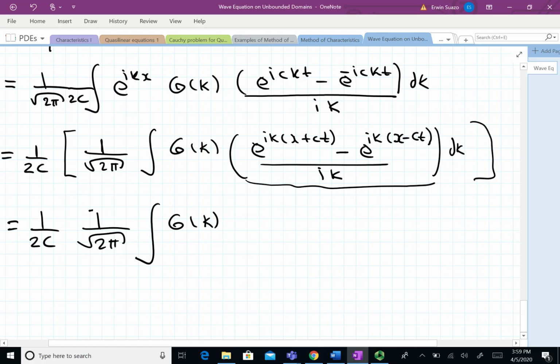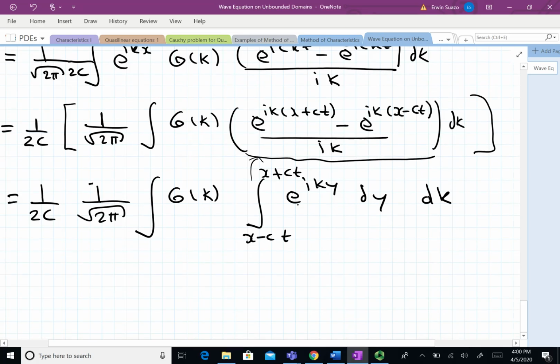But if you look carefully, this is by the fundamental theorem of calculus. This is e to the iky between x minus ct and x plus ct, dy dk. You see it? So the antiderivative of this is e to the iky divided by ik. Now I replace y by x plus ct minus x minus ct, so I obtain this integral.